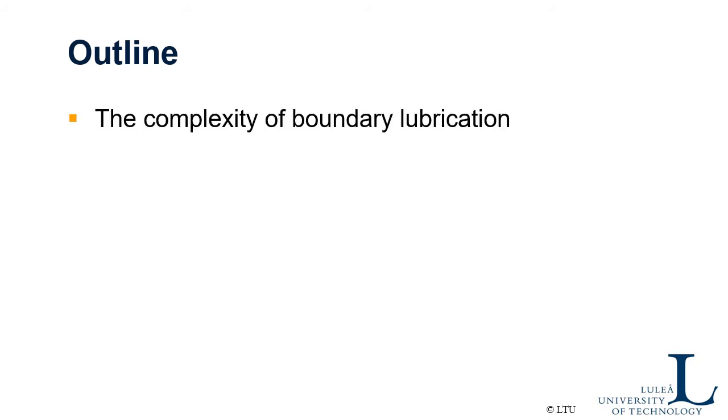The outline is like this. I will try to describe the complexity of boundary lubrication. It's very much more complex than full film lubrication, I would say. I will mention the running in of surfaces because this is a very important phase of a machine surface or a bearing surface, because most surfaces run in boundary lubrication at the beginning, but then they run into more or less full film lubrication.